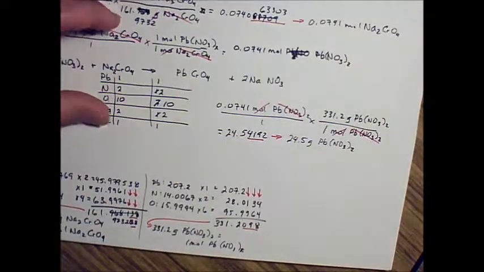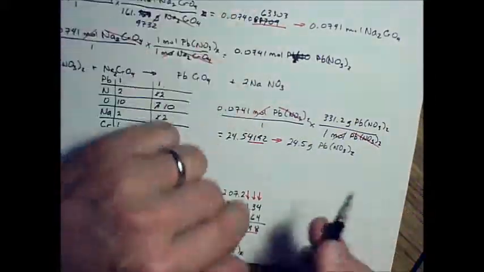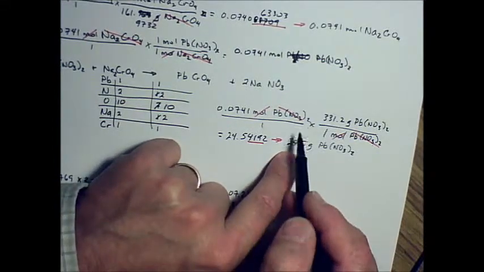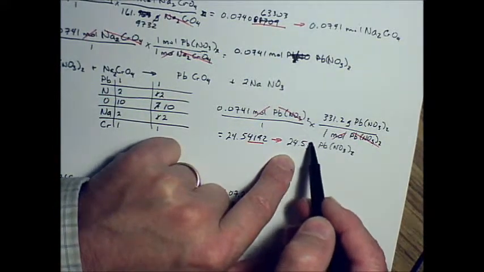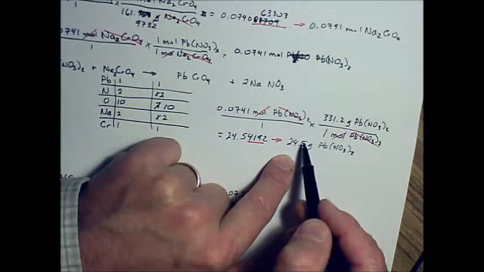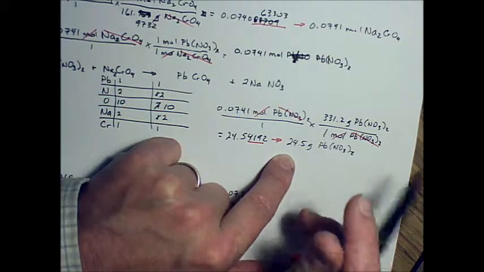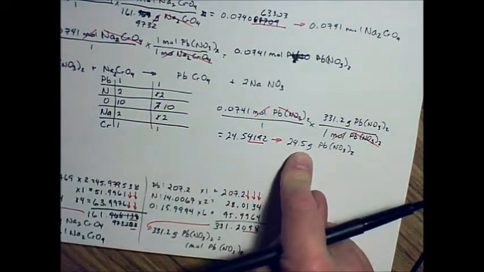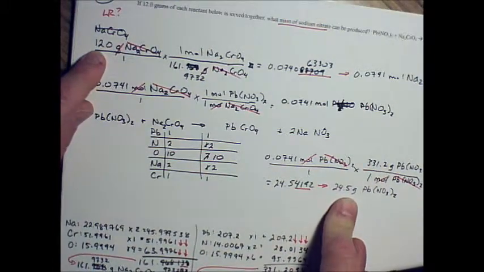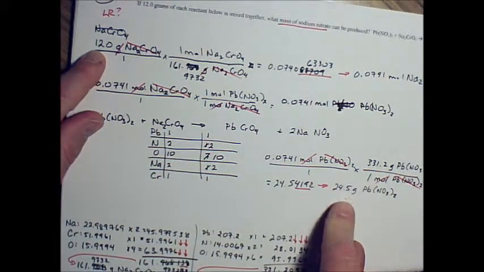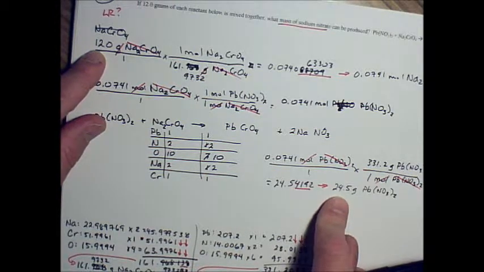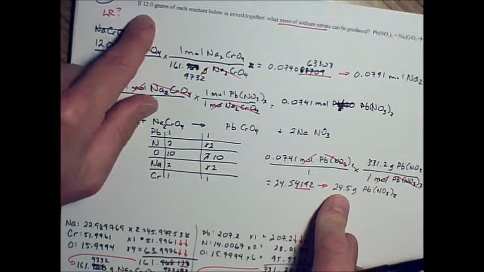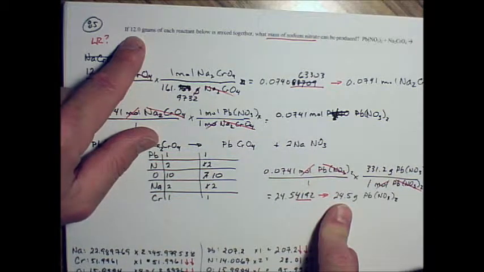Okay? Now, here's how we figure out what the limiting reactant is. This number is not truly real. It's a theoretical number. It's the amount of lead nitrate I need to completely react with the 12 grams of sodium chromate I started with. What I need is a lot more than I actually have. The problem says I only have 12 grams of it.